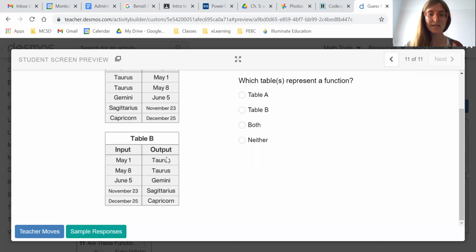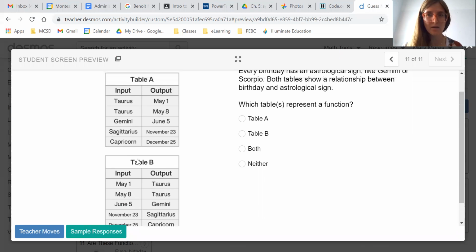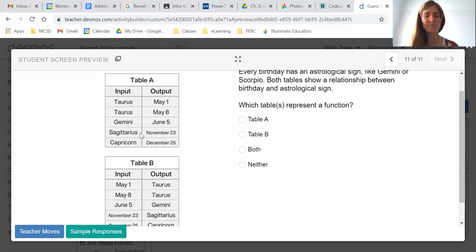But then if we look at table B, each specific date is matched to an astrological sign. I know that the difference is a little bit tricky to see, and again we'll keep looking more at it, but basically table A is not a function because there are multiple inputs that match to different outputs.